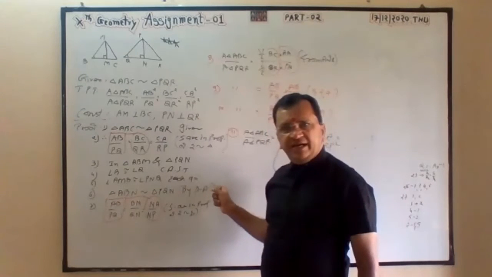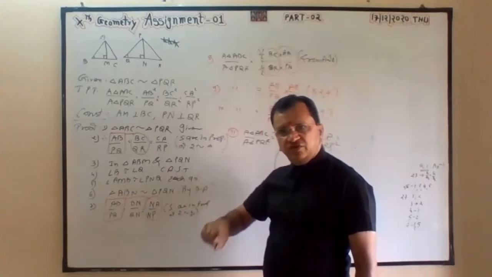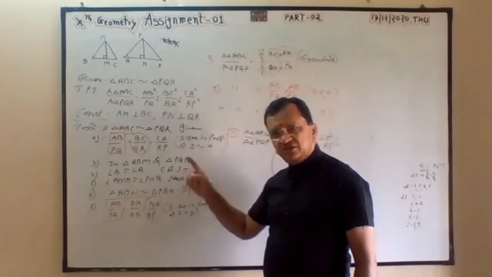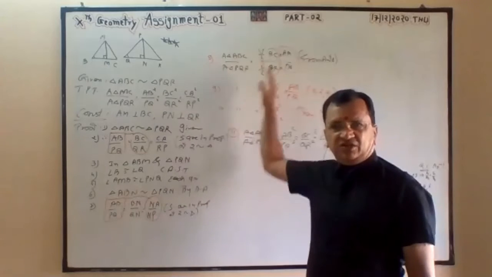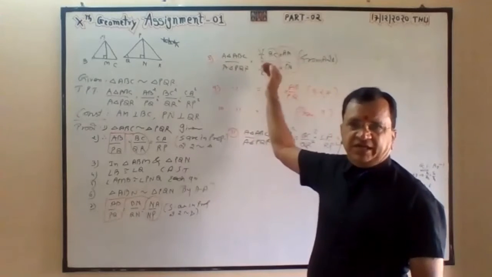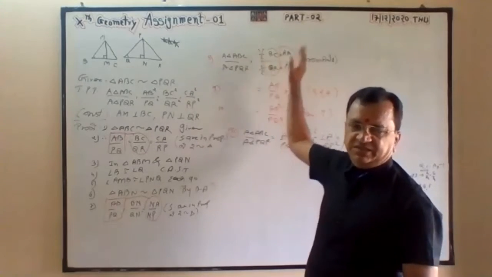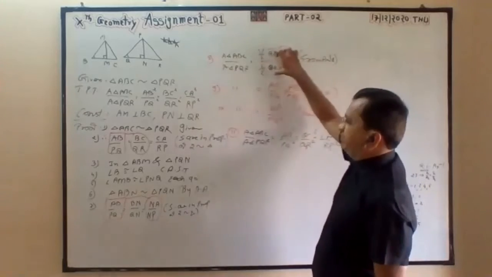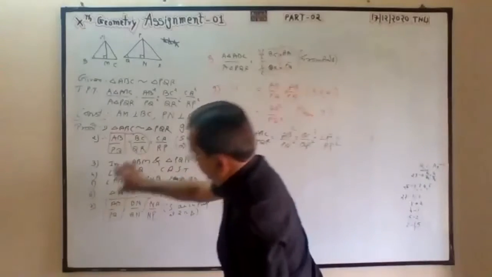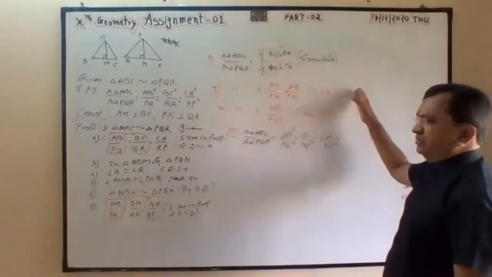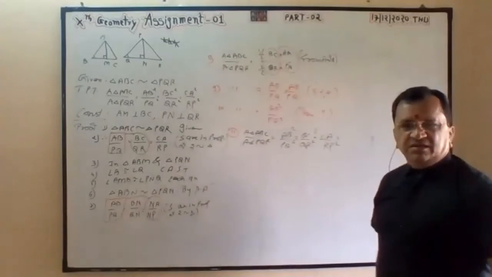So similar by 8, again write the ratio: first, second, third. Then the area of triangle is half height base, half cancels. Height by height is equal to AB over PQ, base by base again AB over PQ. That is already there, so give the reference number.